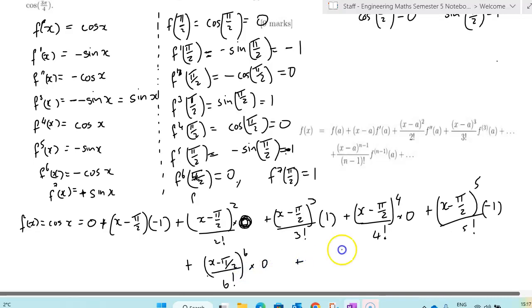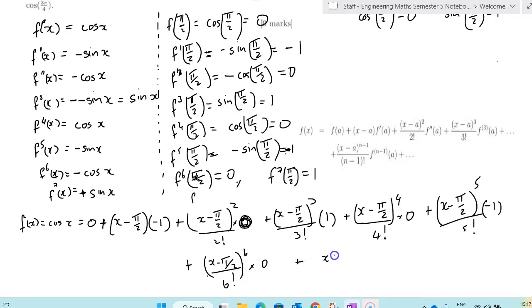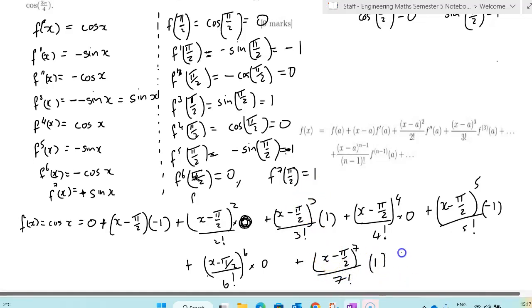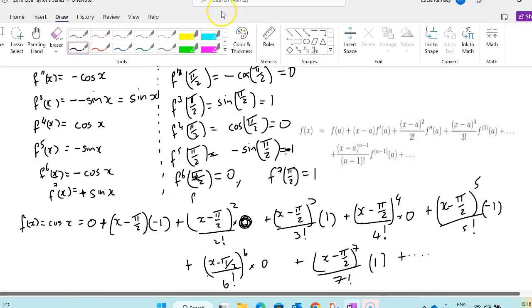And then the last one that we're going to do, x minus pi over 2 to the power of 7 over 7 factorial, and f7 was equal to 1, times 1, plus dot, dot, dot, but we're not going any further than that. So basically we've done the bulk of that question now.